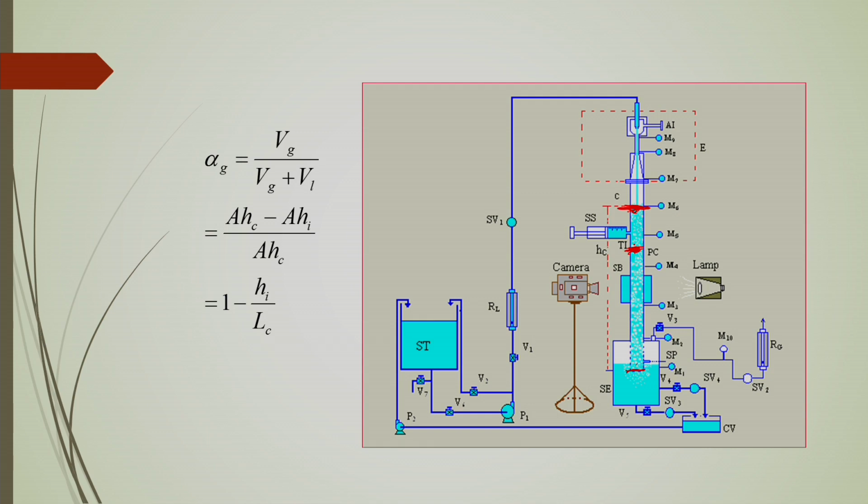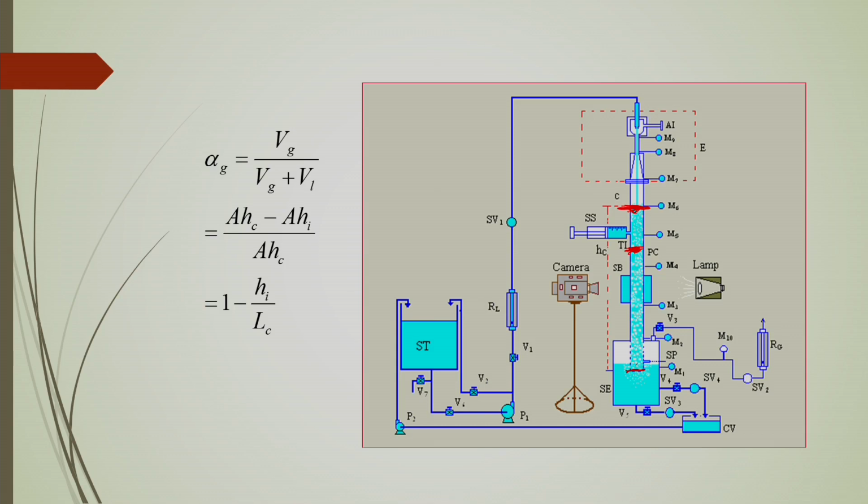So, we now know that at a particular operating condition we get the total gas-liquid height, and after a certain time after stopping the operation you get the clear liquid height. Now, at this clear liquid height, what will be the volume of liquid inside the column?